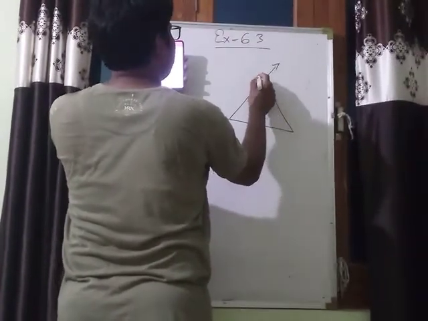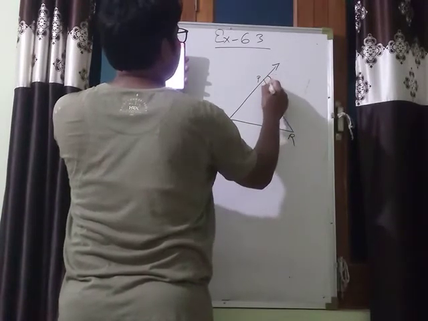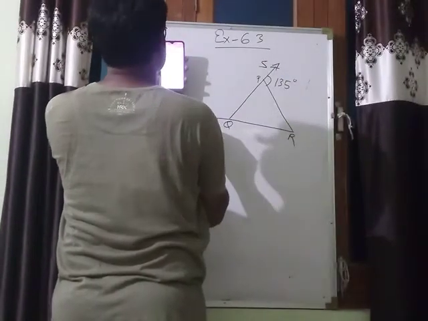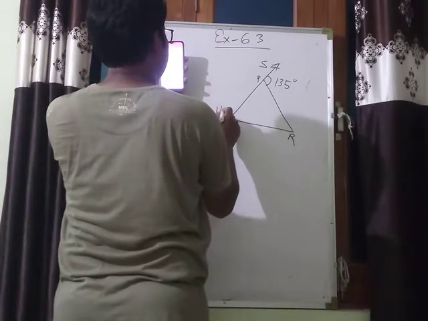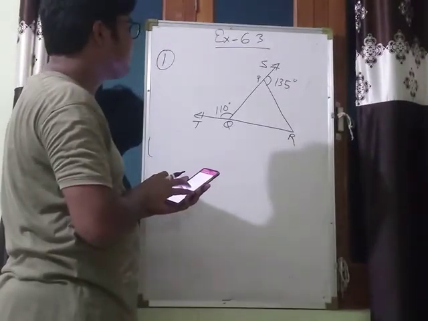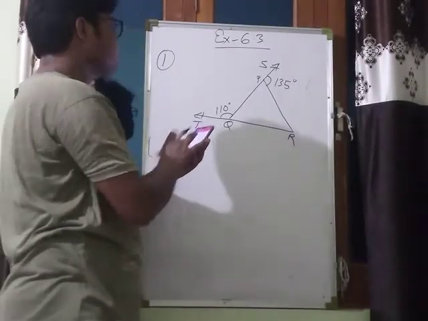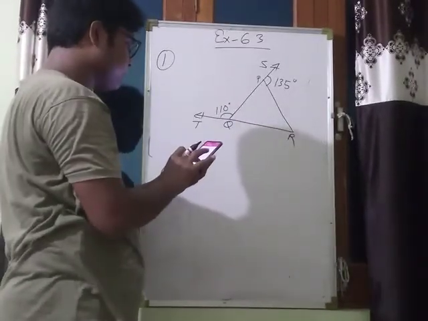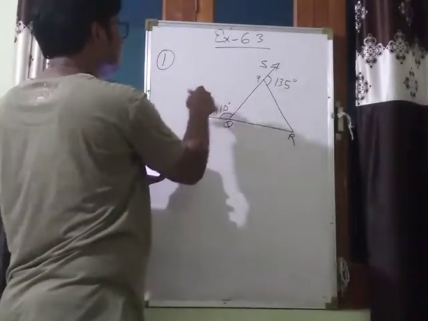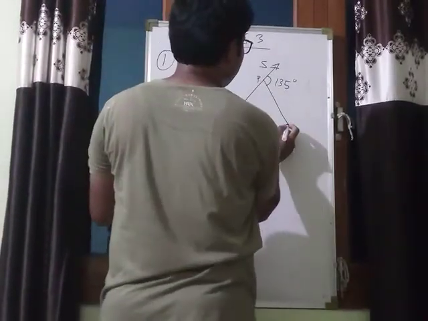It is given that this is P, this is Q, that is R, that is 135 degrees, and this one is S, this is T, and this is 110 degrees. The question is: in this figure, QP and RQ are produced to S and T respectively. SPR is 135 and PQT is 110. Find PRQ. We want to find out this angle.